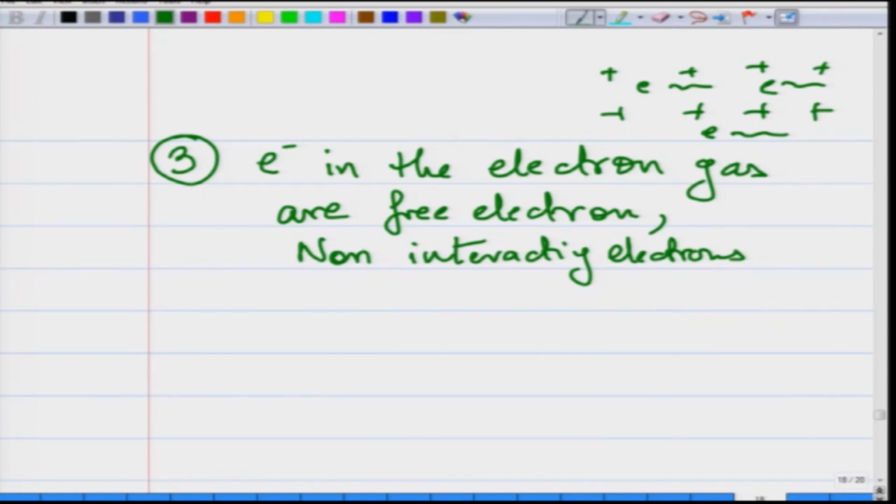Each electron is independent, okay, and they are non-interacting, and this was a very important assumption because it simplifies a lot of things because you do not have to consider the electron-electron interaction any longer, and you can almost treat these electrons as free particles and do away with a lot of complications which come because of interactions, because the electron is not only interacting with another electron, the electron could be interacting with the lattice, and all these interactions play an important role.